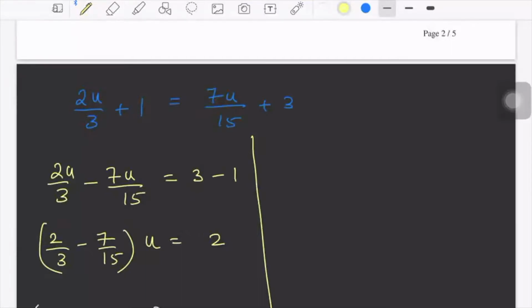So which number will you multiply with on both LHS and RHS so that the denominators go away?